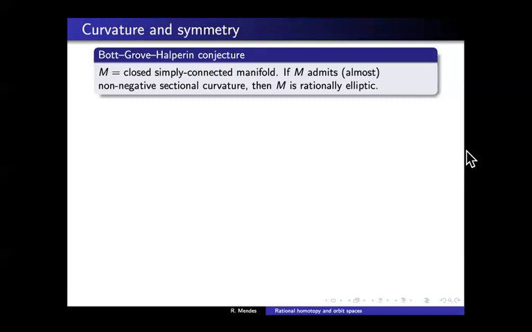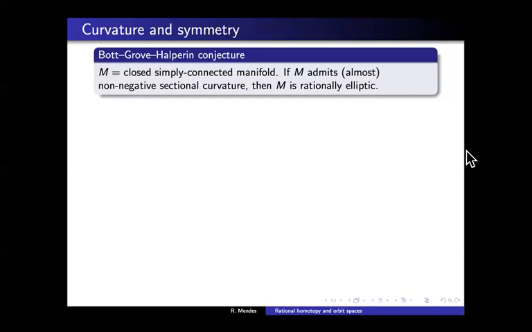The conjecture says that if you have a closed simply connected manifold and it admits non-negative sectional curvature, then it's rationally elliptic. Or, a bit more generally, if it admits almost non-negative sectional curvature. This is when you have a sequence of metrics where the diameter is bounded and the minimum of the sectional curvature is converging to some number that's greater than or equal to 0. Then the space should be rationally elliptic. So this is the conjecture.